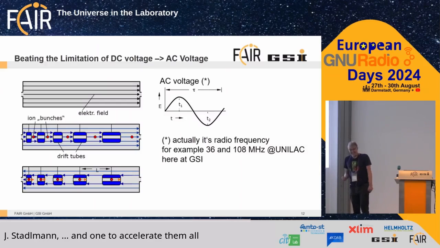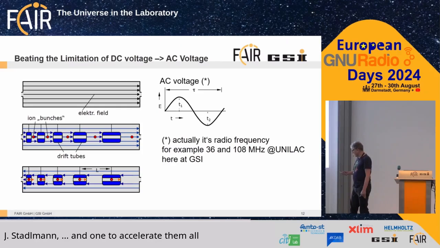But if you do it right, in this moment it's in the next tube. And the tube is a piece of metal around the ion. Maybe some of you have heard of a Faraday cage. So this ion doesn't see the external field. It just drifts with a constant speed forth.